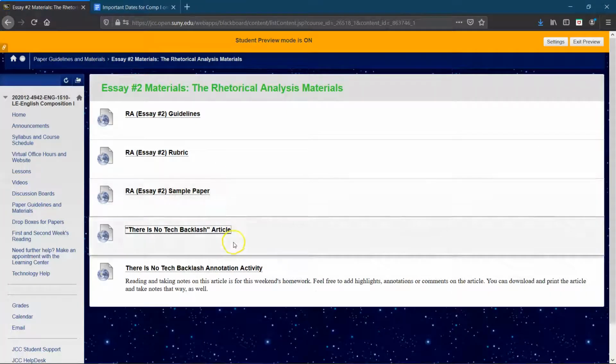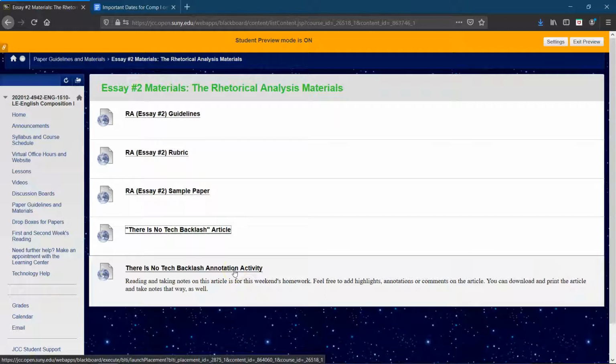Now, for homework, what I'm asking all of my students to do in my comp courses is you're going to be annotating the article in a little program called Hypothesis. What Hypothesis does is it takes a digital article or text, and then you can highlight information, you can make annotations, you can make comments.